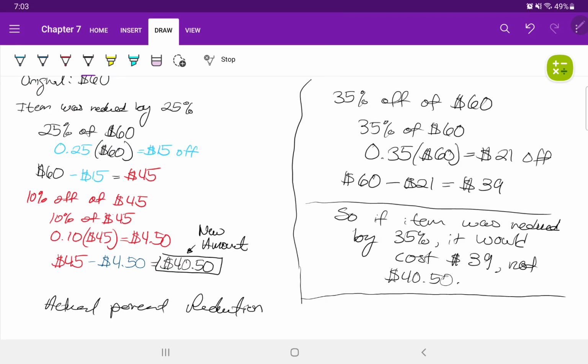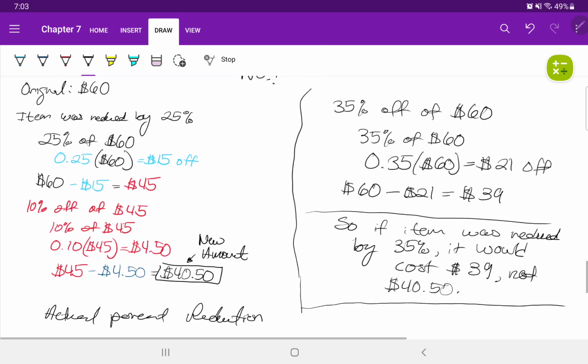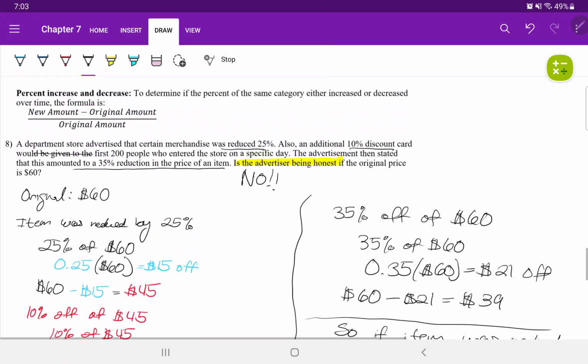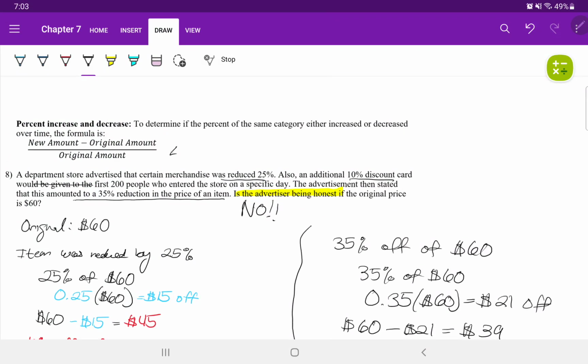To find the actual percent reduction, when the new amount is $40.50 and the original is $60, we use this formula right here: the new amount minus the original amount divided by the original amount.